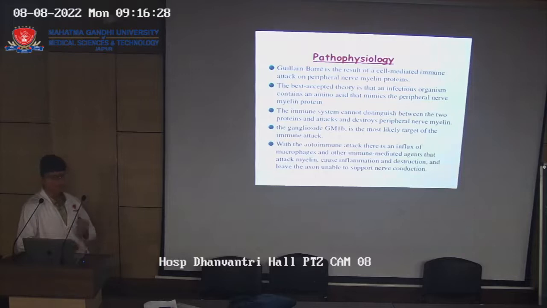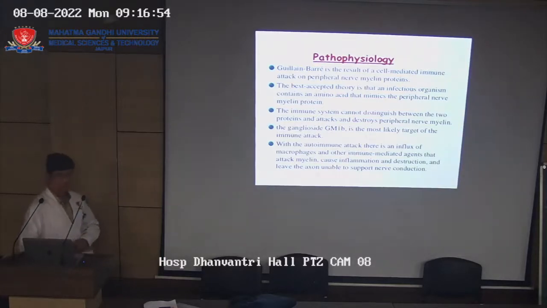So our body's defenses presume that this organism is responsible for the attack on the infection as well as on the peripheral nerve myelin protein. The immune system cannot distinguish between the two proteins, and it attacks and destroys the peripheral nerve myelin. So this is the best accepted theory behind the occurrence of GBS.